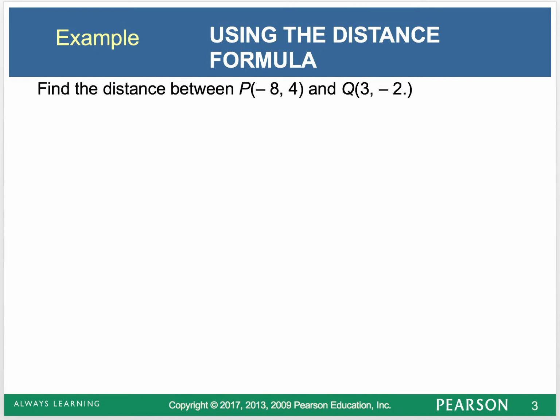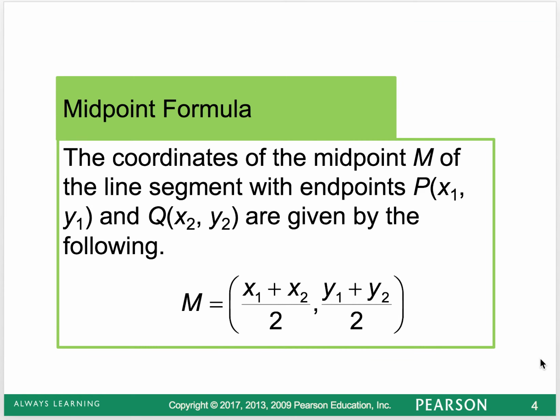Okay, so the distance formula. The other formula is called the midpoint formula. And all it is is finding, if we had 2 points, like we had earlier, right? What is the point that is exactly halfway in between them? So this is a point.